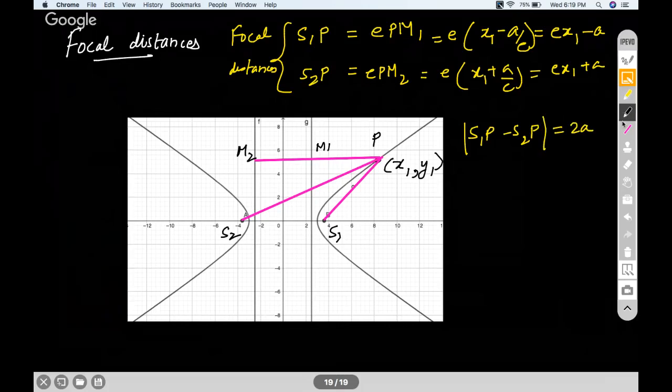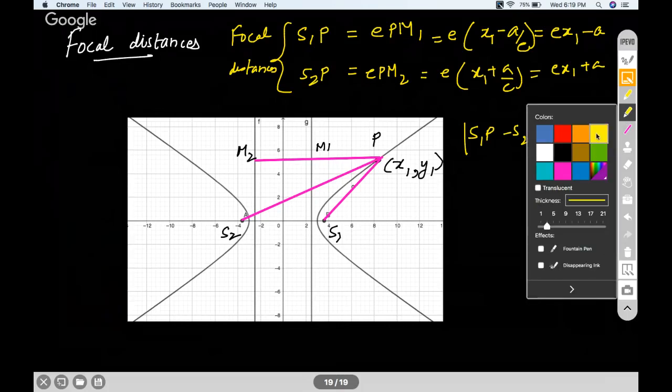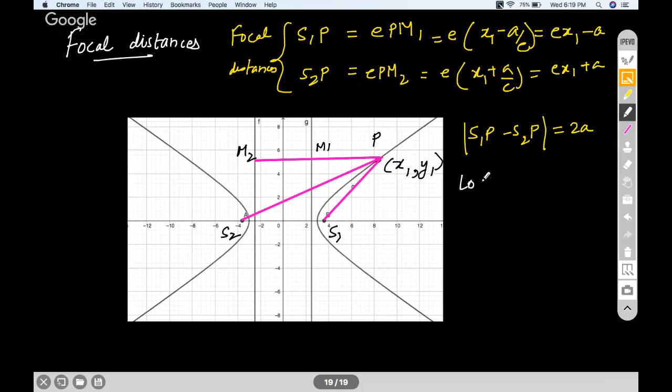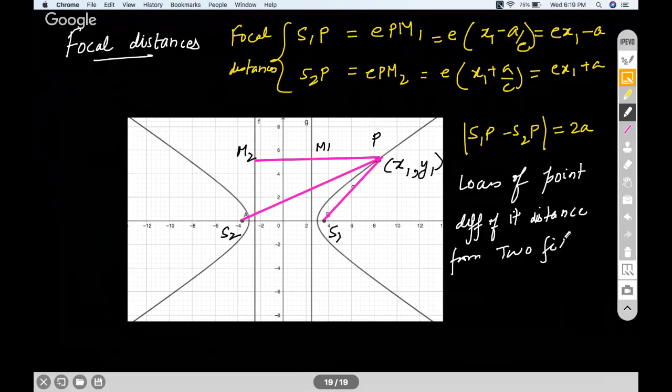This is a very important piece of information for us, which says that you can also define a hyperbola as the locus of a point which moves in such a way that the difference of its distances from two fixed points is a constant, and this constant is lesser than the distance between the two fixed points.